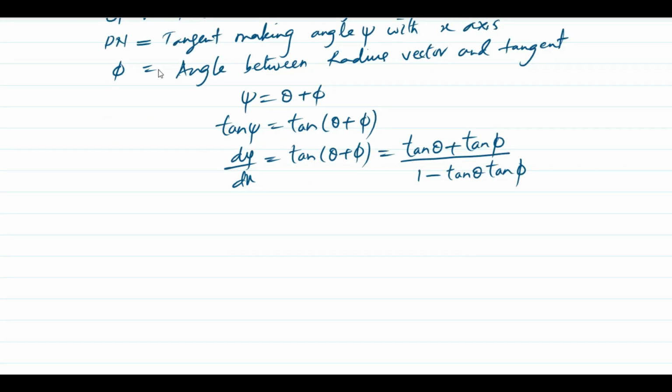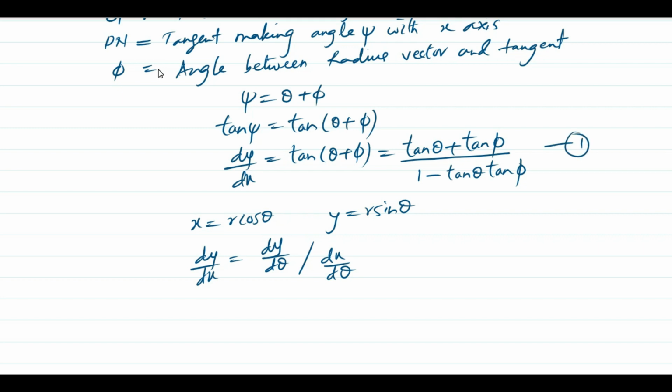Since x and y are functions of theta, we can write x and y in parametric form as x is equal to r cos theta and y is equal to r sin theta. Also, dy by dx in terms of theta is written as dy by d theta whole divided by dx by d theta. I will take this as equation 1.